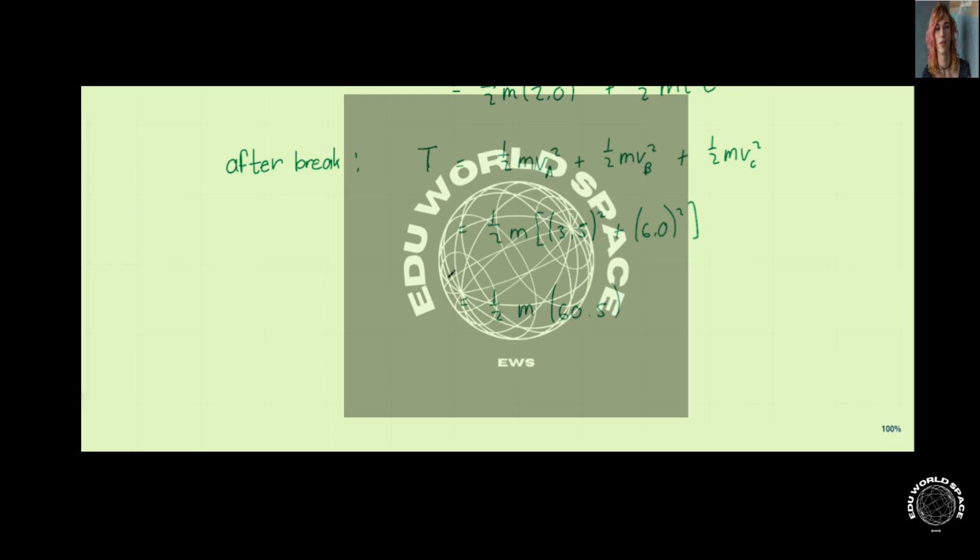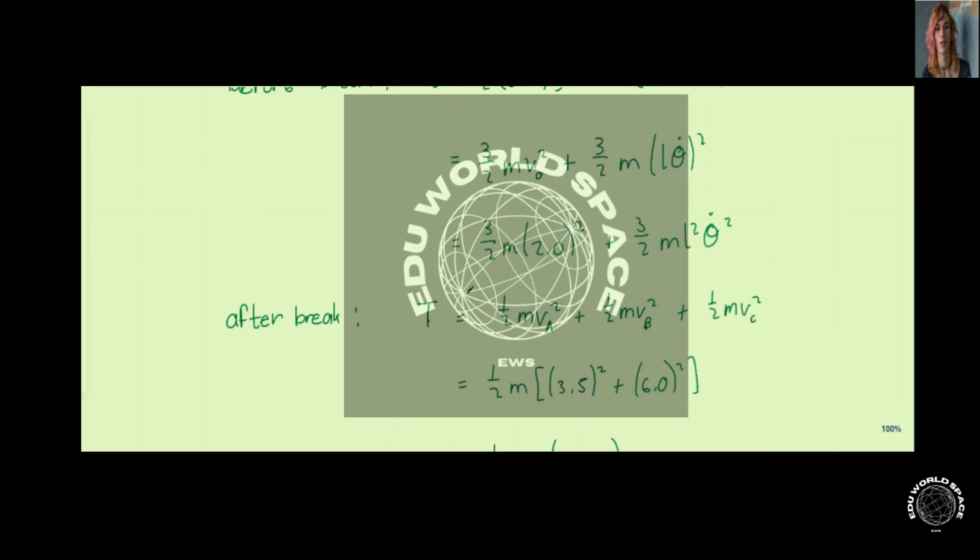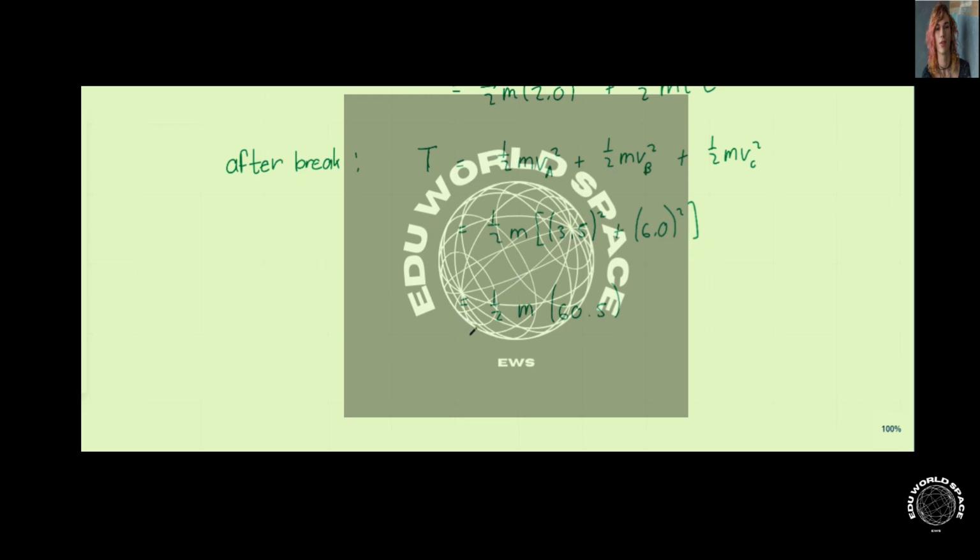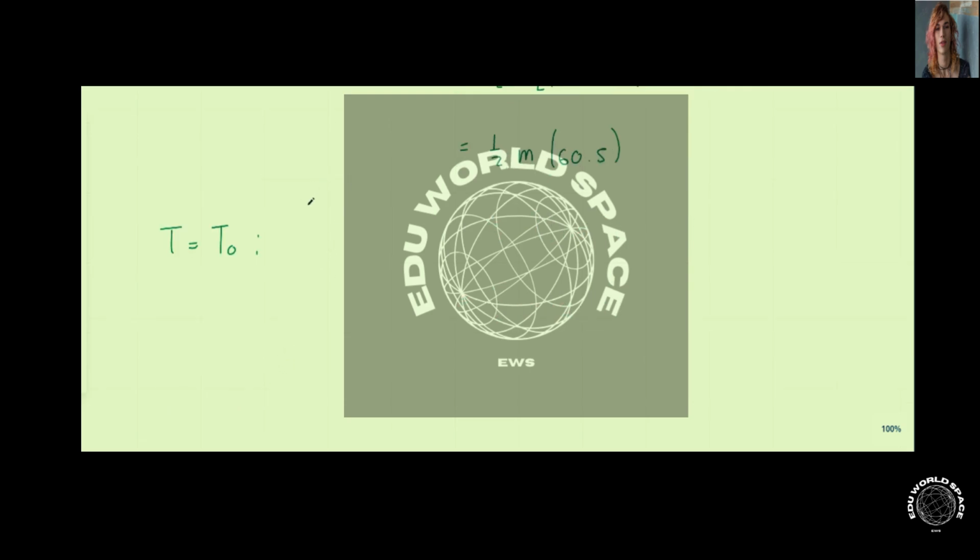Now we have our kinetic energy before the break and our kinetic energy after the break. Conservation of energy tells us that T must equal T naught. The final energy must equal the initial energy.